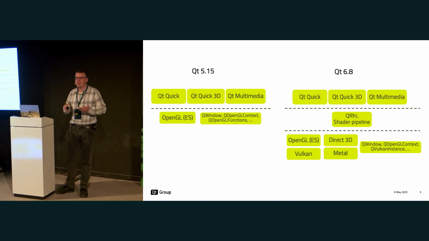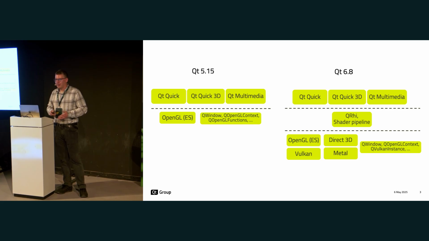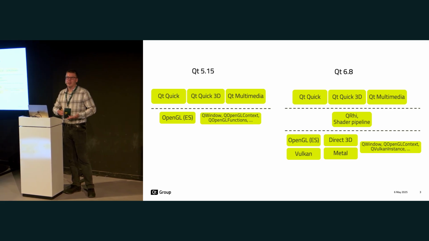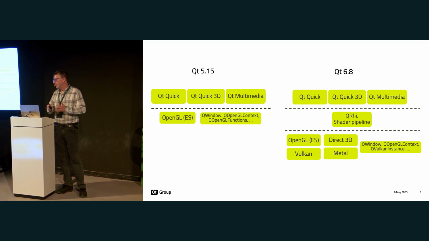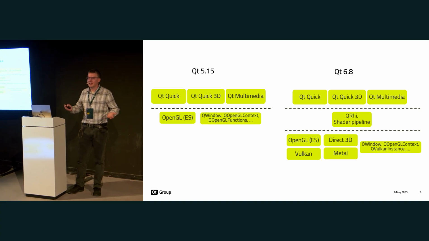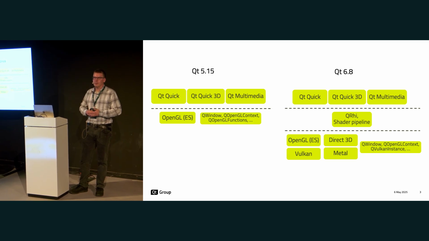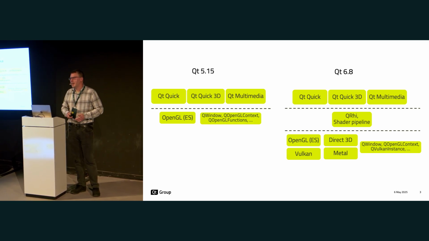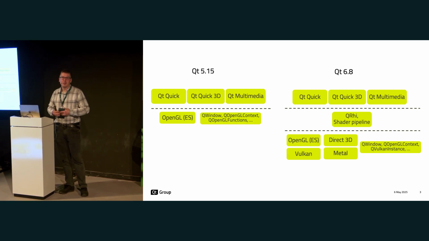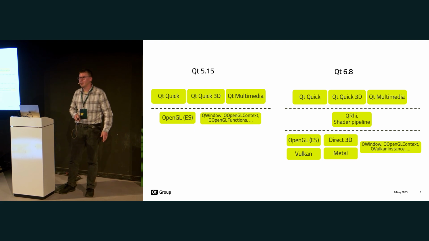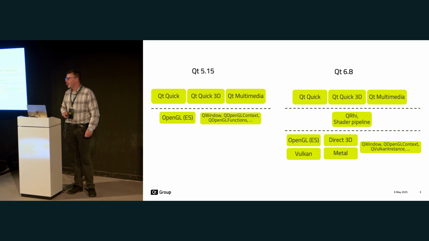That's an abstraction. So instead of using OpenGL, Vulkan, Metal, or something else directly in the rendering engines behind Qt Quick, Qt Quick 3D, and so on, they use our C++ classes, and then there are implementations, backends for OpenGL, Vulkan, D3D11, D3D12, and Metal. So there are 5 at the moment.